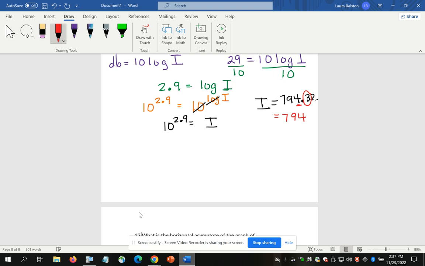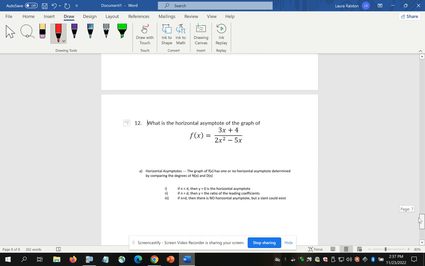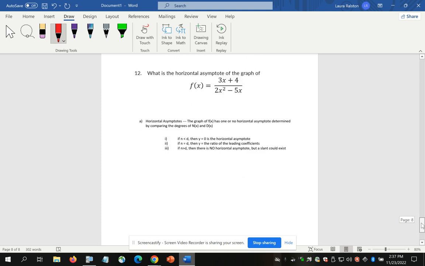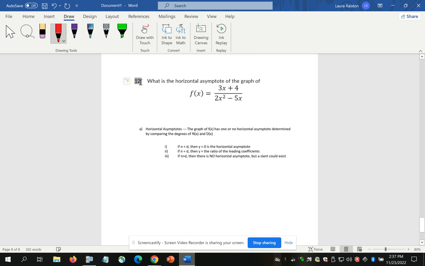Question 13 kind of shifts gears because we begin talking about rational functions, and it asks, sorry, that should be question 13, not 12. What is the horizontal asymptote of the graph f of x equals 3x plus 4, all divided by the expression 2x squared minus 5x?